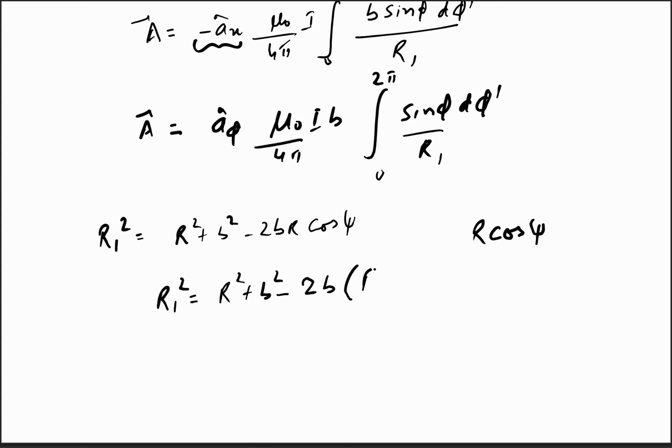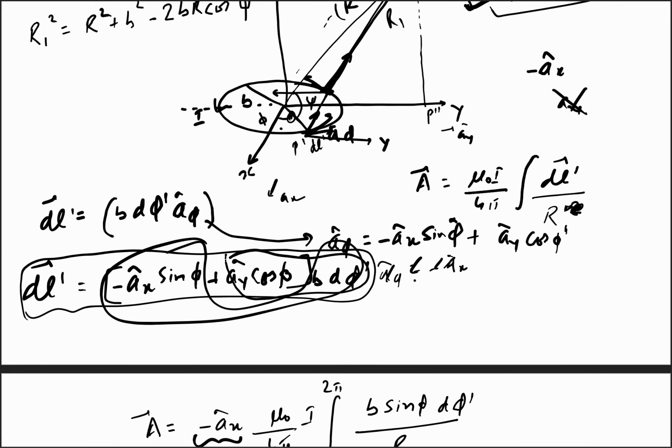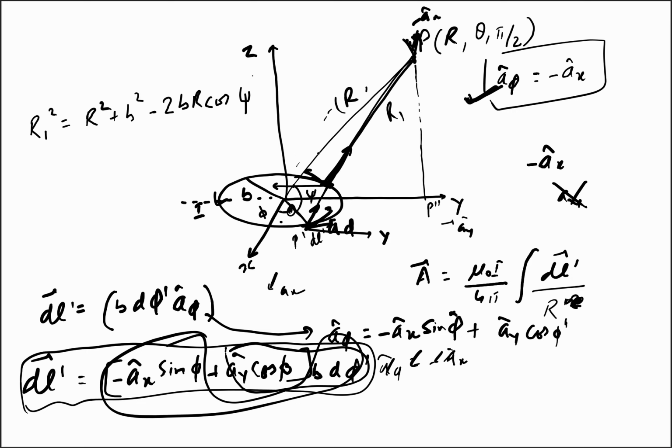times the projection of OP double dash on OP dash, R sine theta sine phi dash, where this angle is theta.